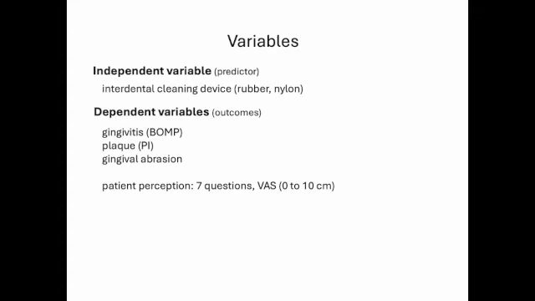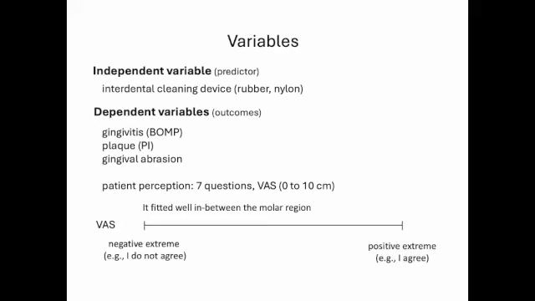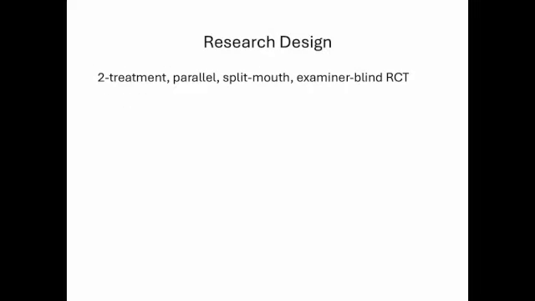As far as patient perception goes, they had 7 items that the patient responded to using a visual analog scale. Used a lot in pediatrics. So it's basically your perception is in centimeters and millimeters. So it's quantitative.